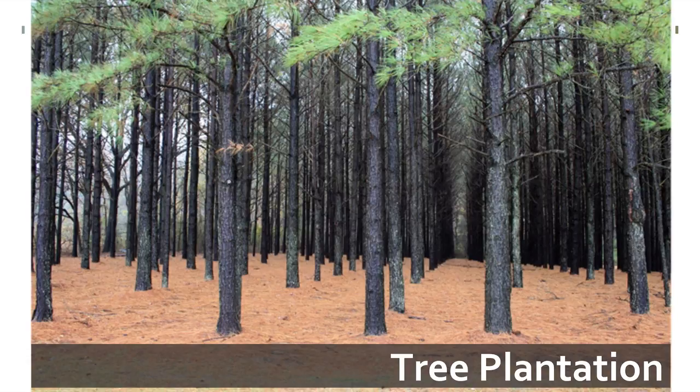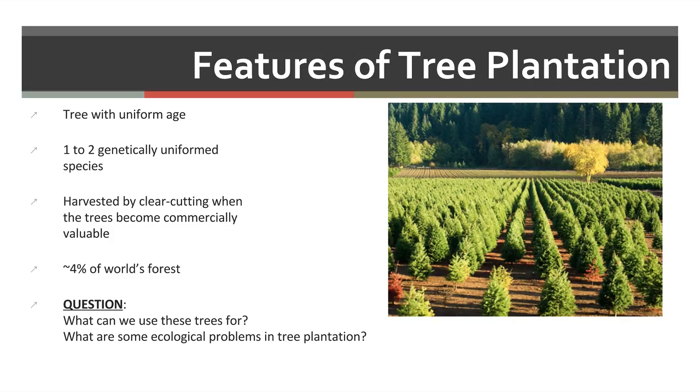And then we have tree plantation. This is where we are seeing not much biodiversity because we're cutting down trees for a particular usage. For example, Christmas trees. That's how we get fresh Christmas trees sustainably, and it costs more than the plastic ones. So genetic diversity is very limited.